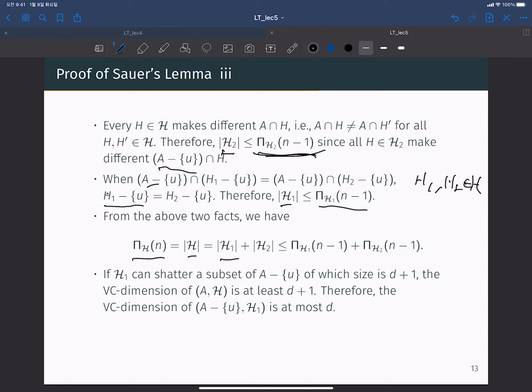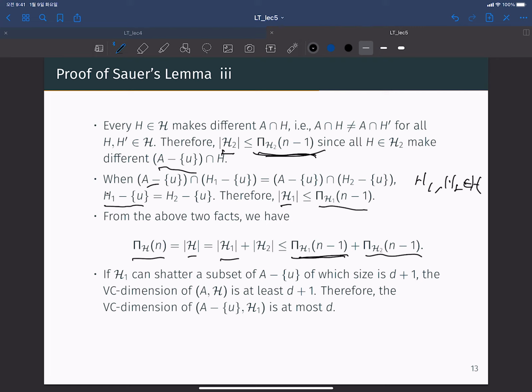And since both H1 and H2 are defined for the n minus 1 element case, by erasing the singleton element U, we can upper bound the H1 cardinality by the growth function of H1 with n minus 1 elements plus the growth function for H2 with n minus 1 elements as well.